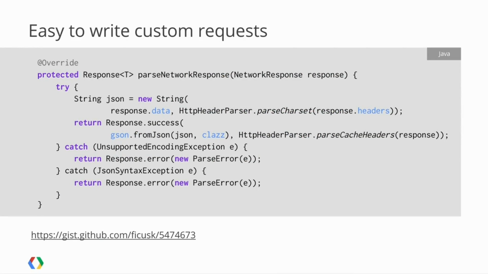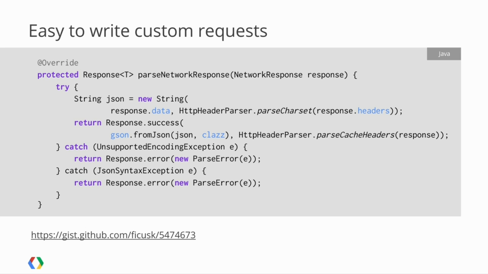This whole thing is about 60 lines of code. This is kind of the meat of it. You can see there's a gist URL on screen. You can look at the whole thing to drop into your app if you want. But it amounts to a few lines of code. So we make a string out of the data that comes back from the server.